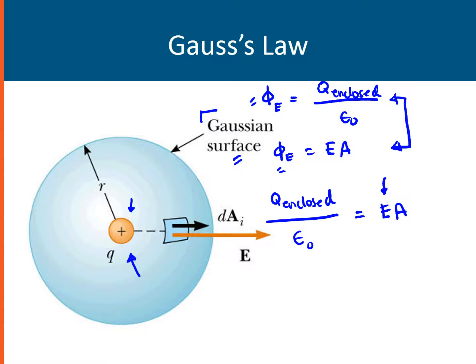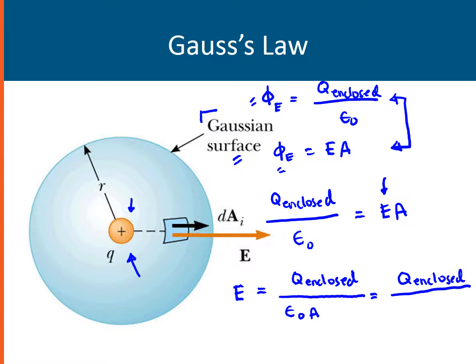Now let's manipulate this equation. So we will have the electric field is equal to Q enclosed divided by permittivity times the surface area. And we could expand this further. We have Q enclosed divided by permittivity, and our area is 4 pi r squared.